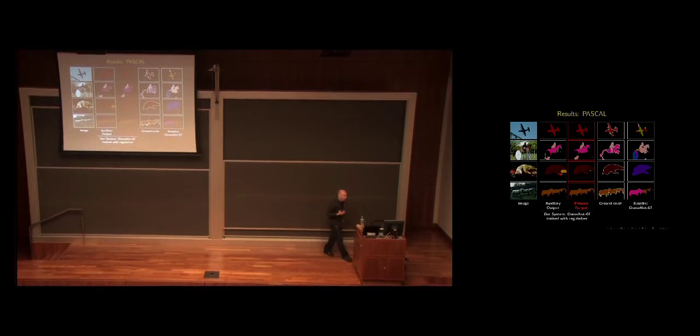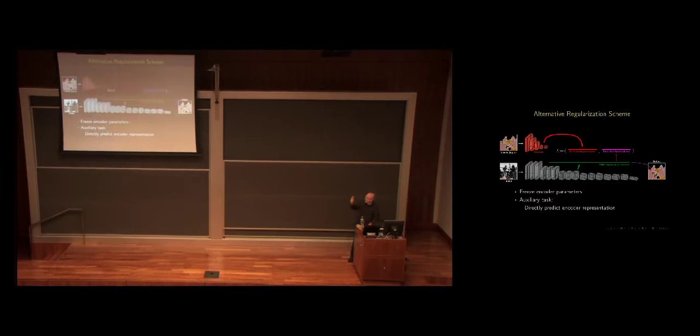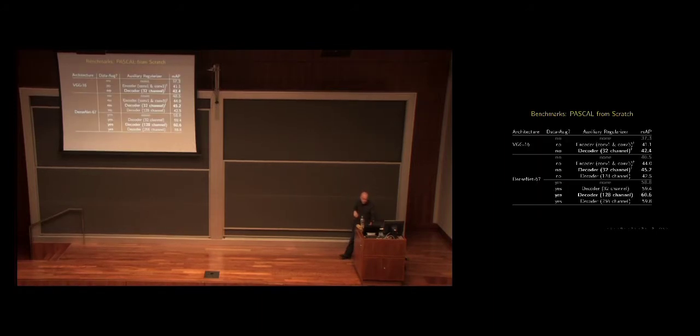We can also train with additional data augmentation, but I'm going to skip this. There's an auxiliary regularization scheme where we can also use the encoder as a regularizer. It works not quite as well as the decoder. I can come back to it if there are questions at the end. Just some numbers: adding this regularization scheme always improves performance, whether tested with data augmentation, without data augmentation, or on different network architectures.